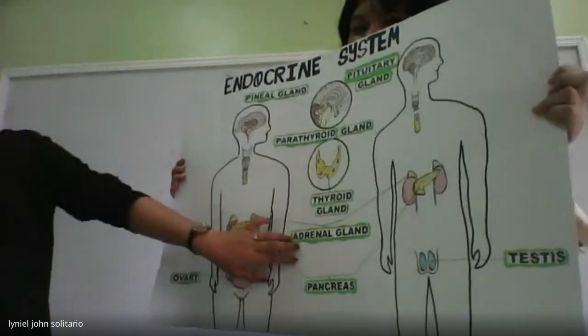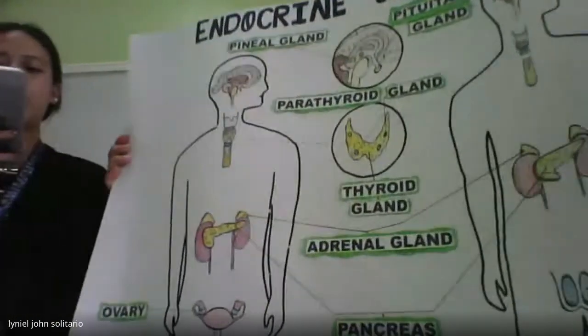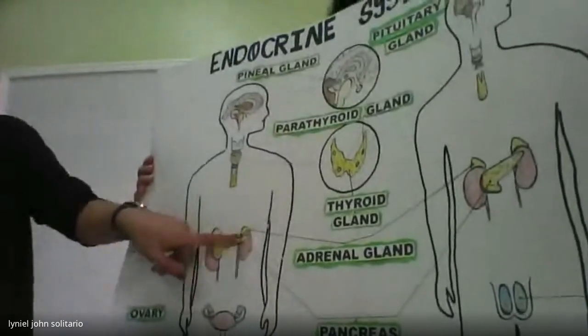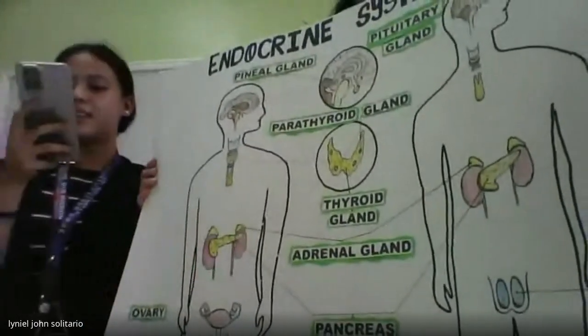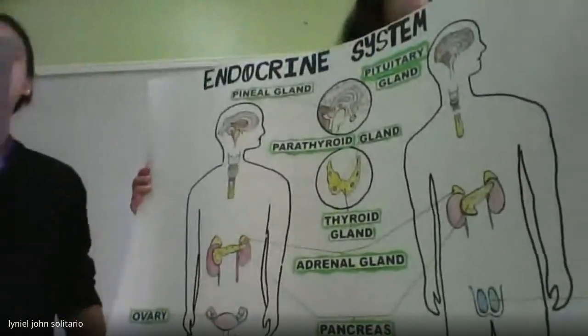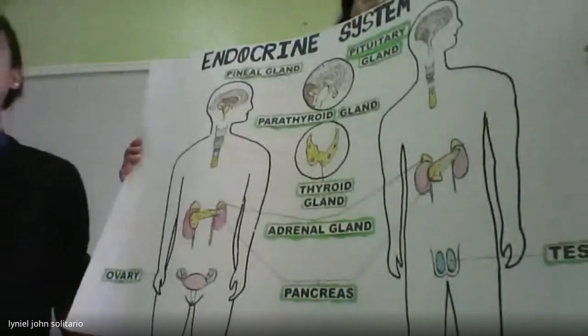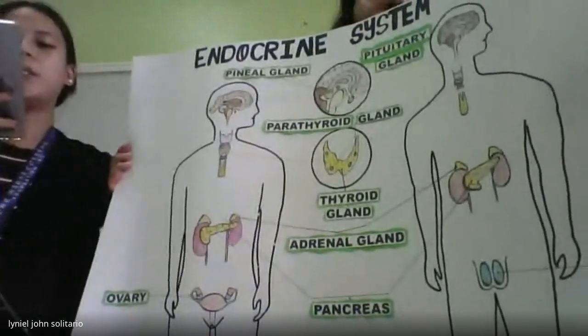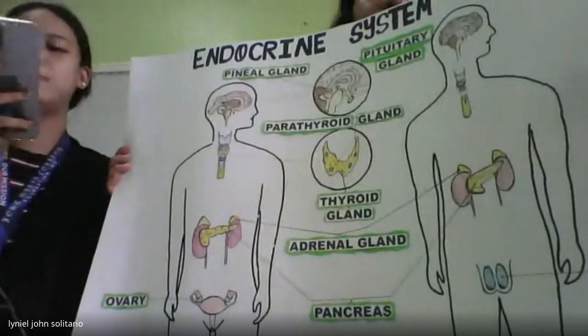The adrenal gland is located on top of the kidneys. It secretes hormones such as cortisol and adrenaline that help the body respond to stress, regulate metabolism, and control blood pressure.